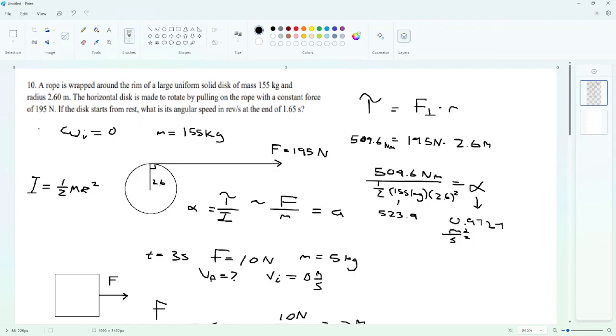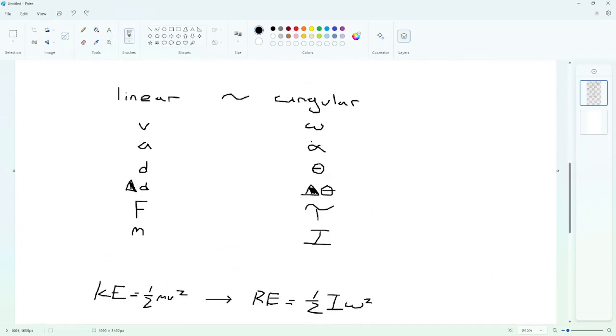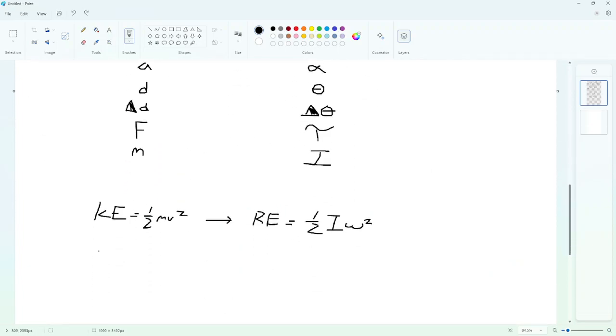And from here, to acquire the angular speed at the end of 1.65 seconds, we just use these conversions. We take this formula, velocity final is equal to velocity initial plus acceleration times time. Angular velocity final is equal to angular velocity initial plus angular acceleration times time.